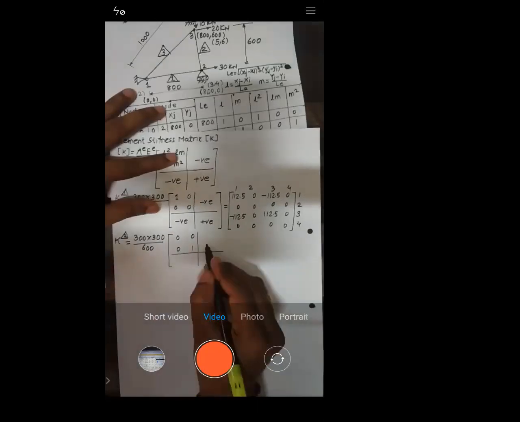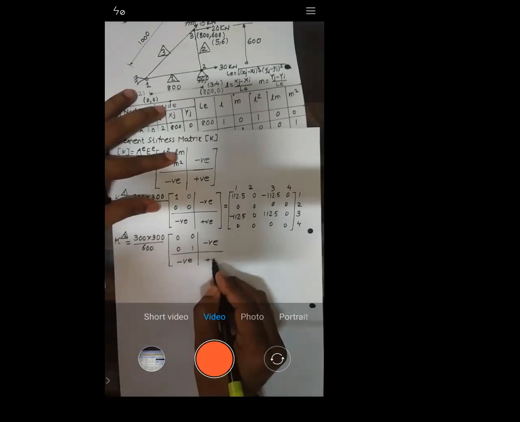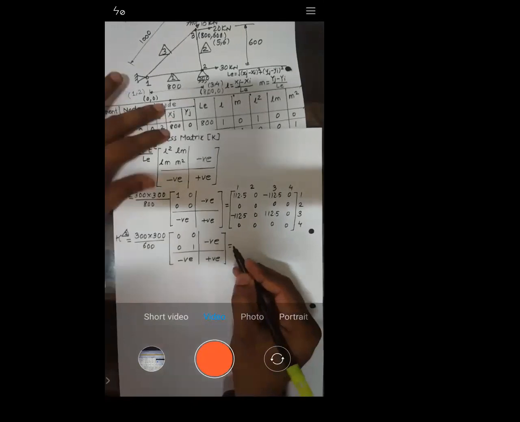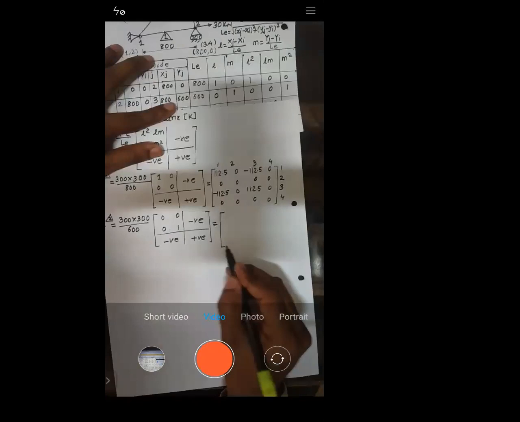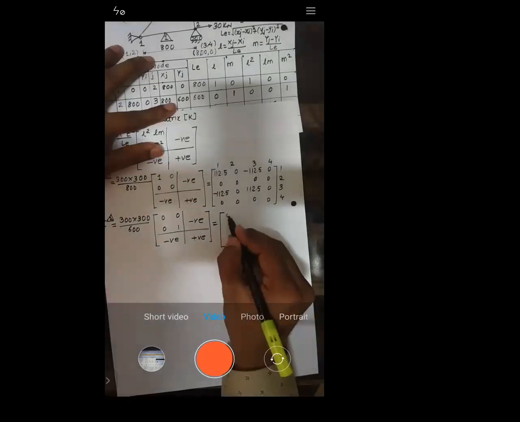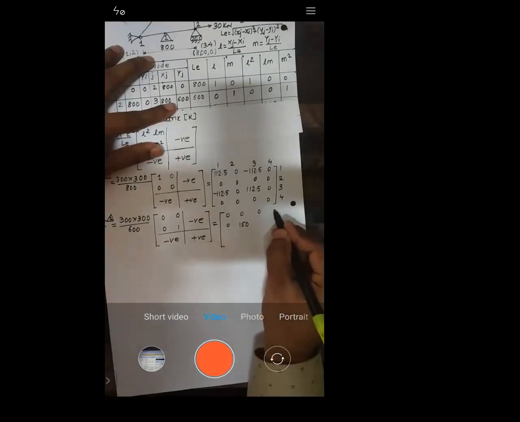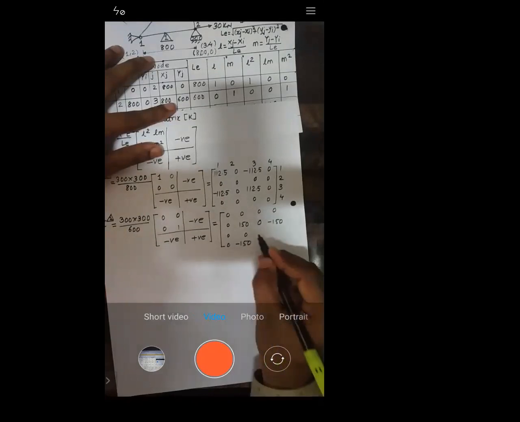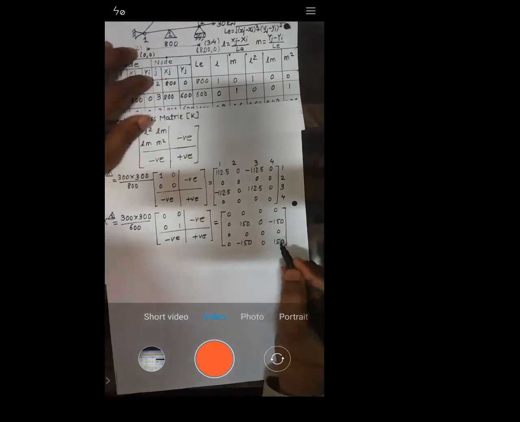So I'll write down the negative value, positive, right? So what term are you getting? 150. So 0, 0, 0, 150, then 0, 0, 0, minus 150, 0, 0, 0, minus 150, 0, 0, 0, 150. Is it okay? This is for element number 2.